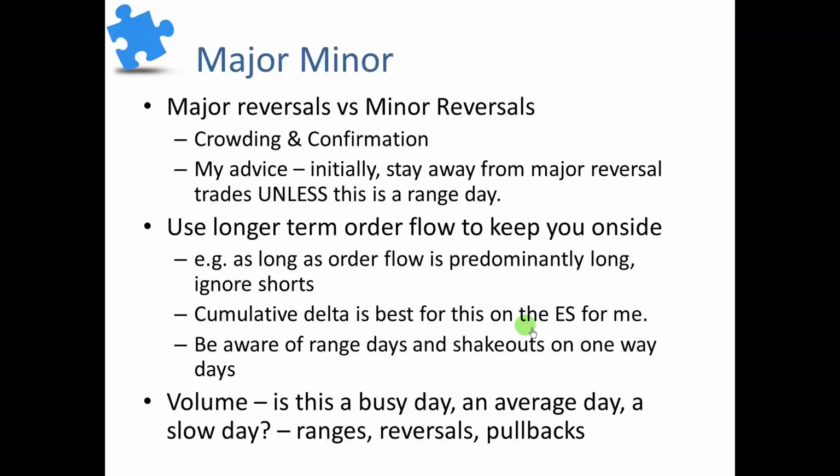So when you look at major and minor levels, you have to consider looking for more confirmation off the order flow to trade a major level than a minor level. As an example, markets moving up, you might see the price pull back 8 ticks on the ES, and suddenly nobody wants to sell anymore.